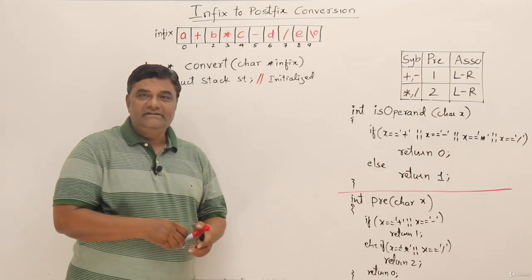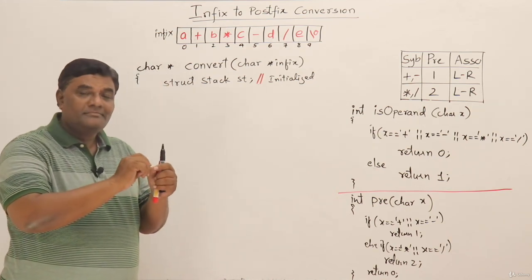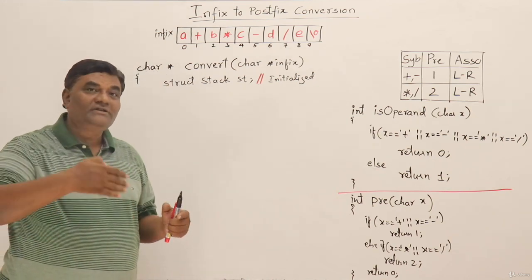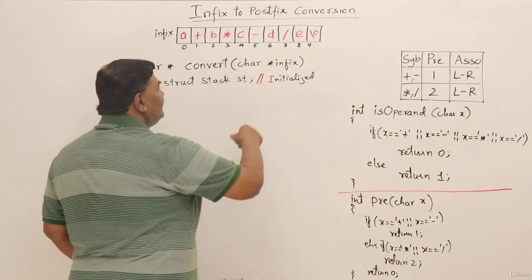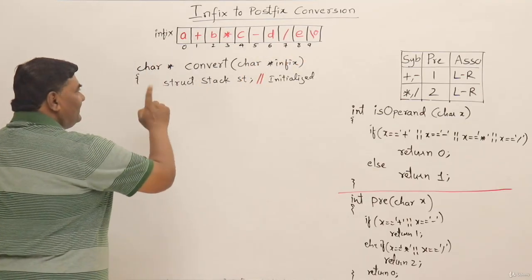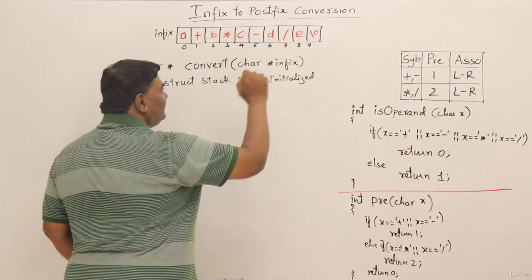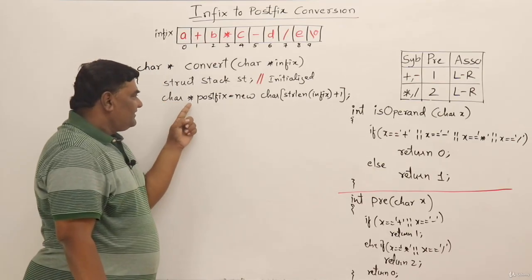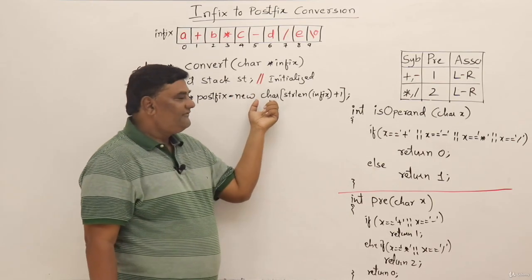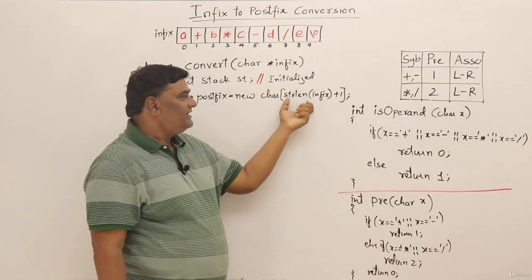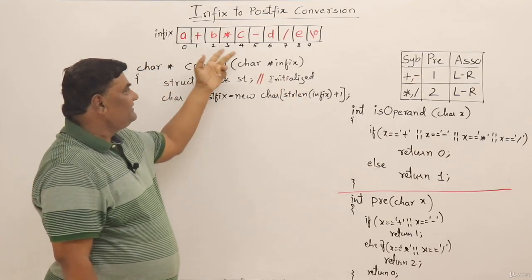The next thing I need is a postfix array to store the result of postfix. So what should be the size of this one? Same as infix size. So I will create an array equal to the size of infix. Here I have taken a character type pointer, that is postfix, and also creating a new array from heap, and the size of that array is equal to string length.